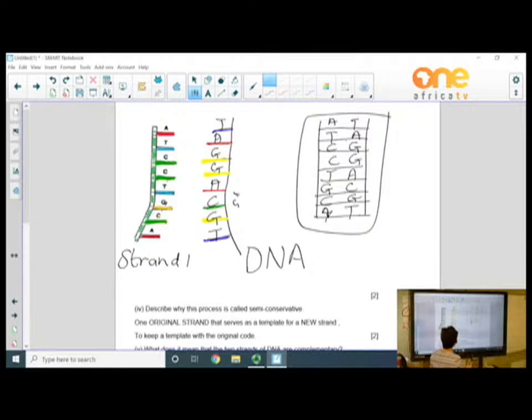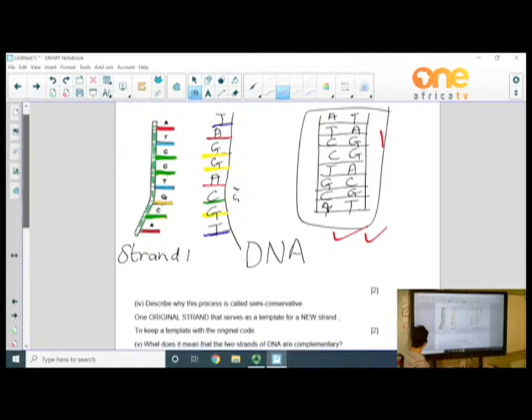So for your 2 marks, I would have checked: do we have them all linked? Do I have this ladder diagram, and are all the bases correctly linked?